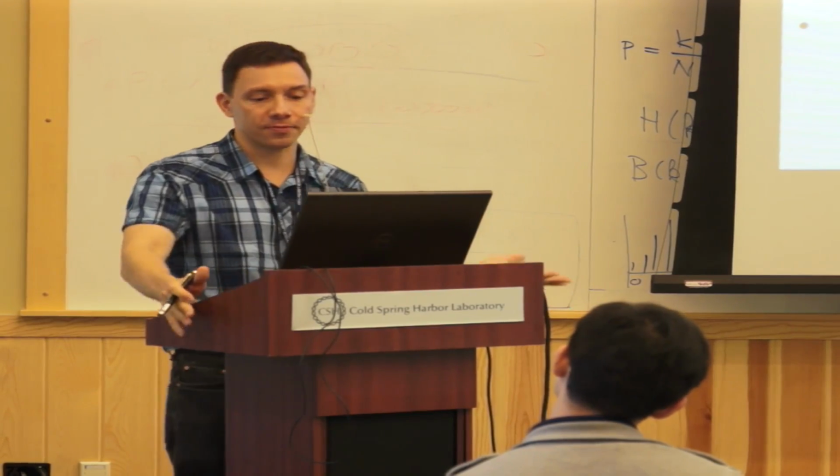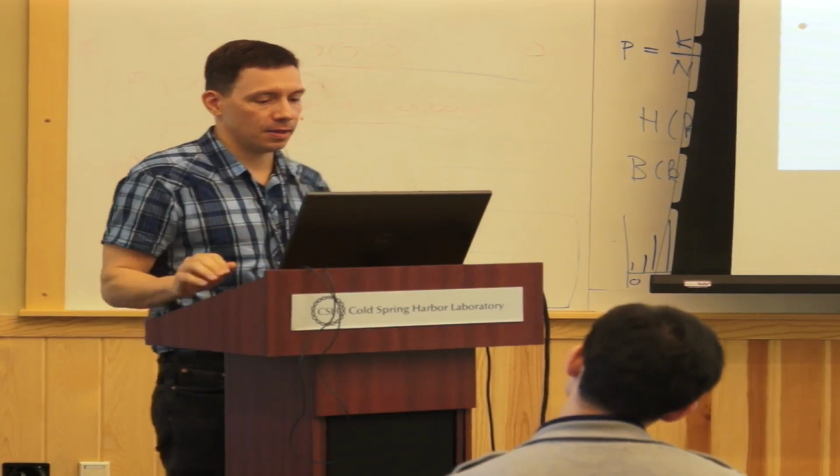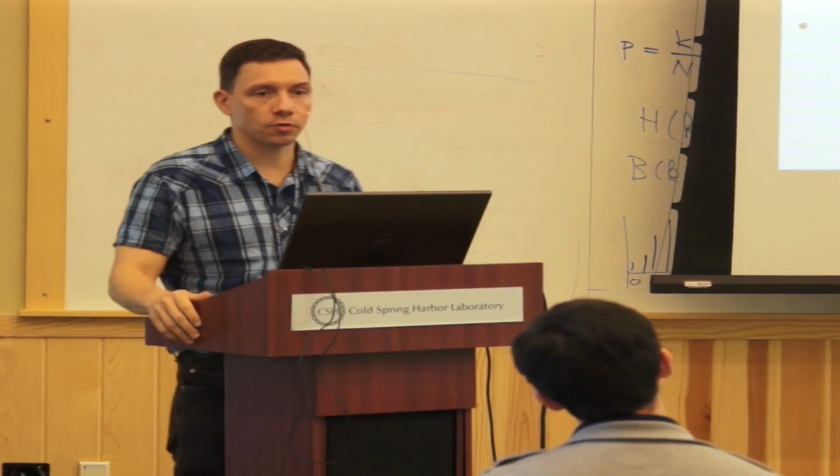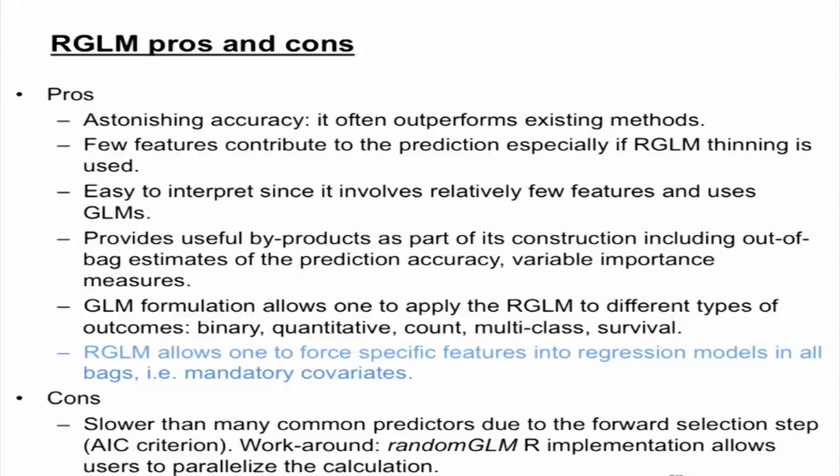So you get a sense of how important it can be to have this option to force mandatory covariates into a predictor. All right, the big con of the RGLM is that it can be slower than common predictors if you have very large data sets. The good news is that in our R implementation, we have an option that allows you to parallelize the calculation, and I'll show that to you shortly.